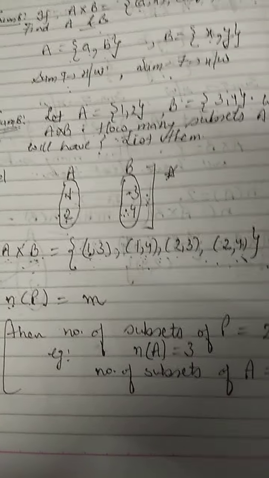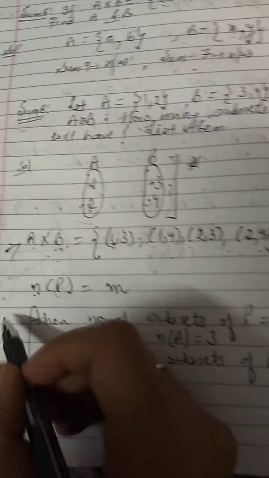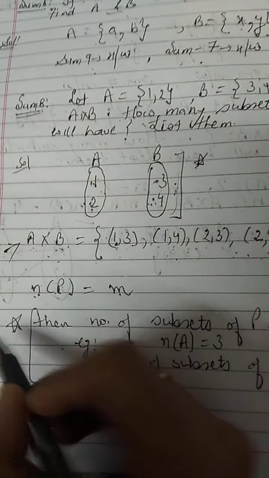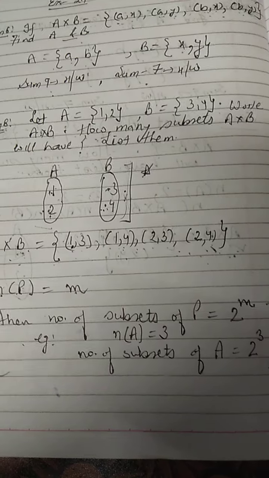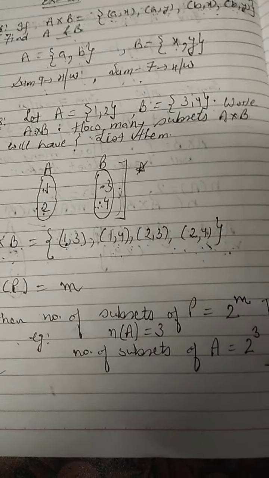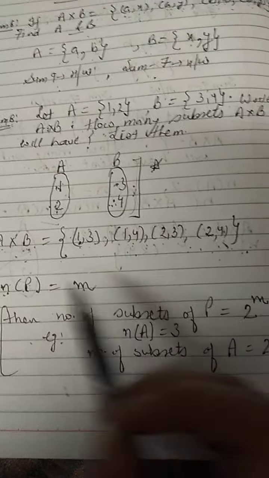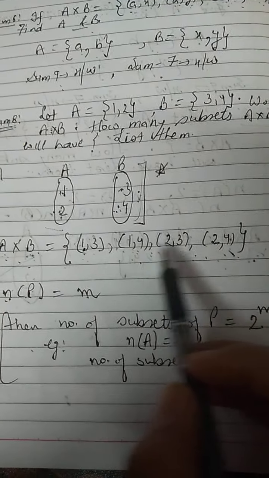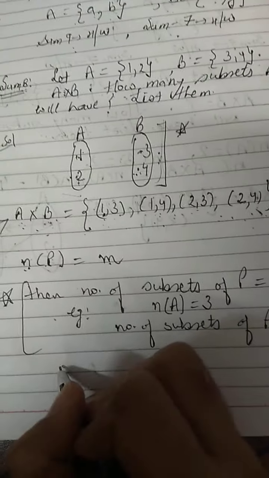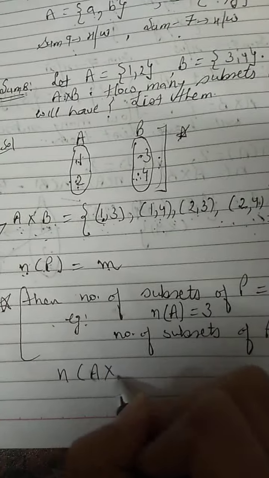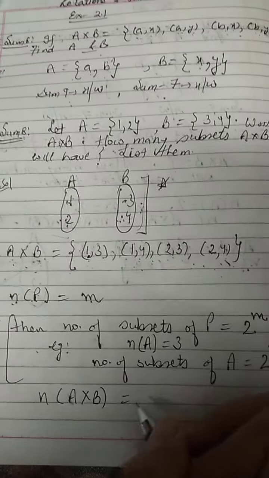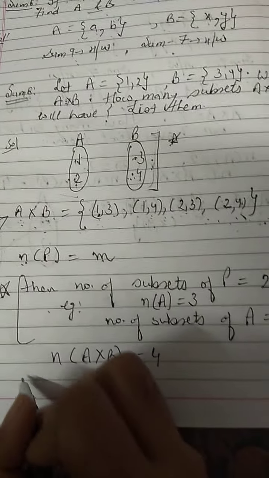Okay, so here we will apply the same concept, how many subsets any set can have if it has m elements. Now here, A cross B, how many elements are there? So let us write down the number of elements in A cross B is 4.